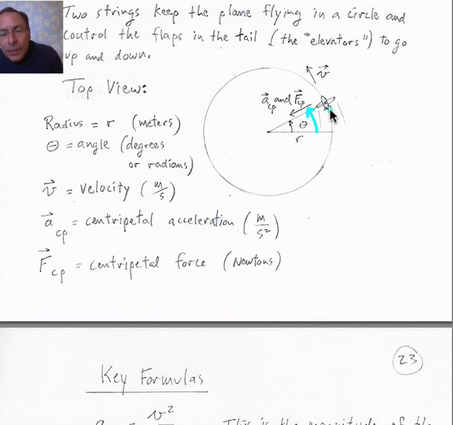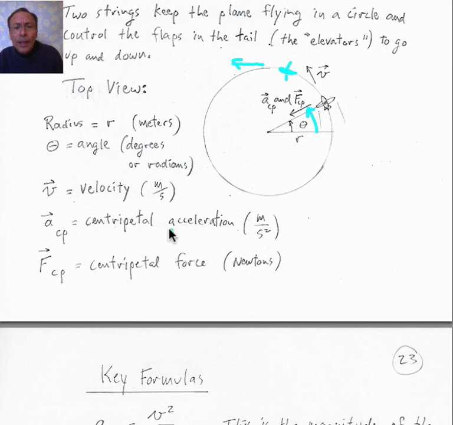When the airplane is turning, it's constantly turning, its velocity vector is changing, right? So later, let's say the airplane is right here, its velocity vector is then pointing like so. And that's different from the original velocity vector. So that's a change in velocity. A change in velocity is an acceleration. It's not a change in speed, right? The magnitude of the velocity hasn't changed, but the direction has.